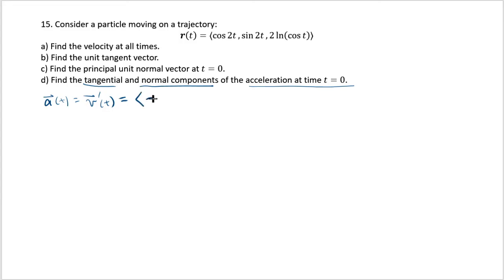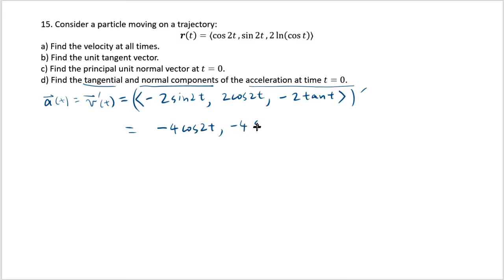So negative 2 sine 2t, 2 cosine 2t, minus 2 tangent t. So you have to differentiate this, which gives you negative 4 cosine 2t, negative 4 sine 2t, and differentiating tangent gives you secant squared.